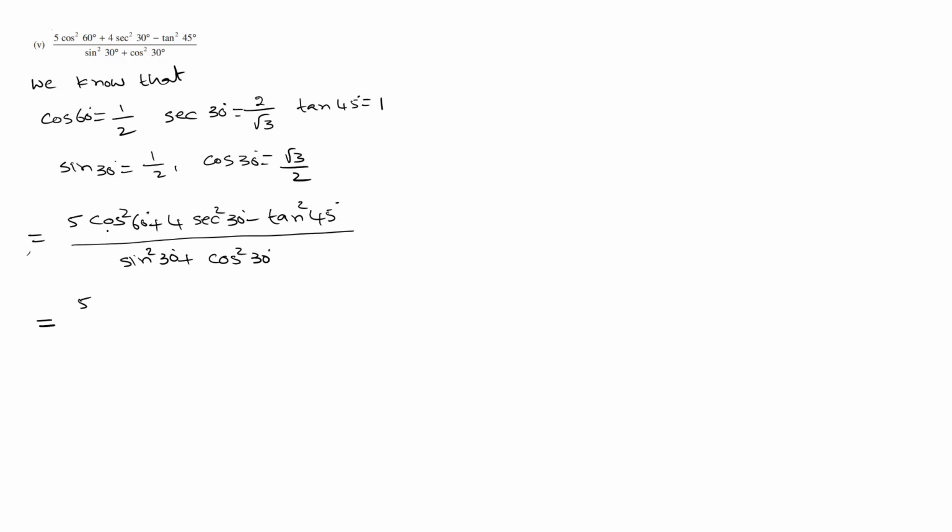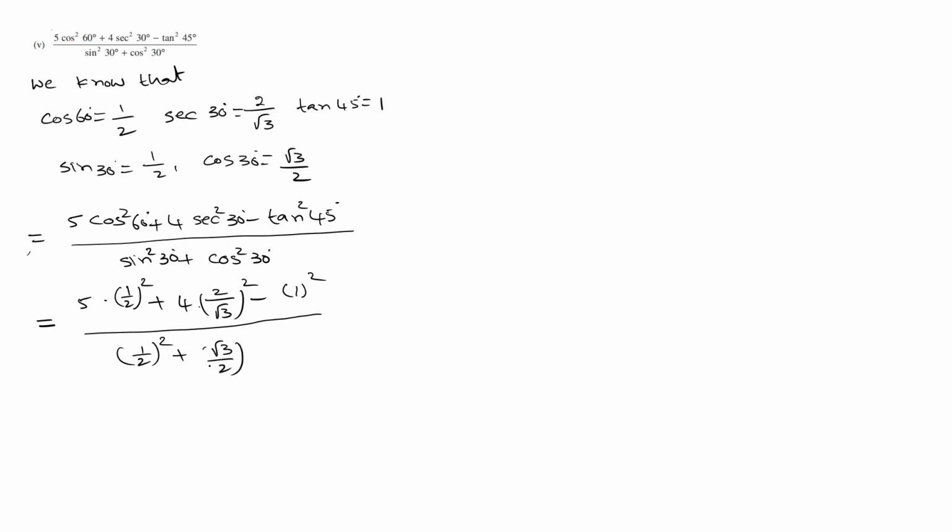Here 5 into cos square 60, cos 60 is 1 by 2, so (1 by 2) whole square, plus 4 into secant square 30, secant 30 is 2 by root 3, so (2 by root 3) whole square, minus tan square 45, so tan 45 is 1, 1 square, divided by sine square 30. Sine 30 is 1 by 2, so (1 by 2) whole square, plus cos square 30. Cos 30 is root 3 by 2.